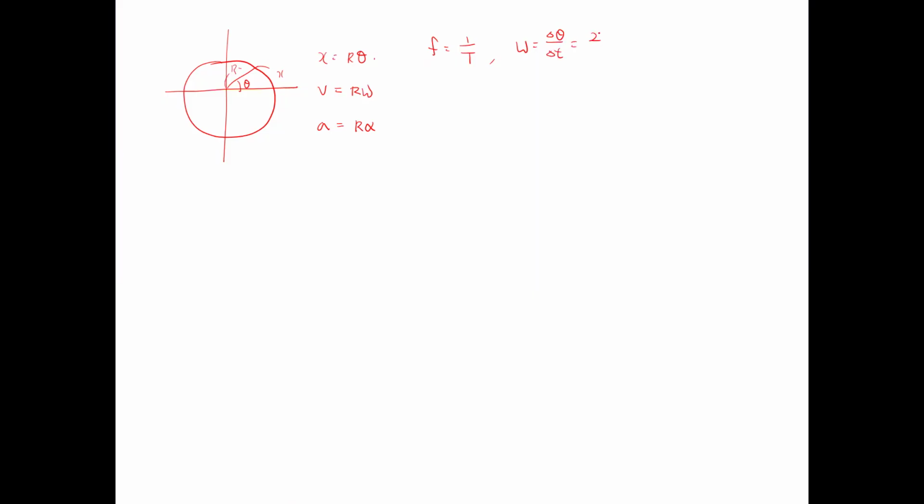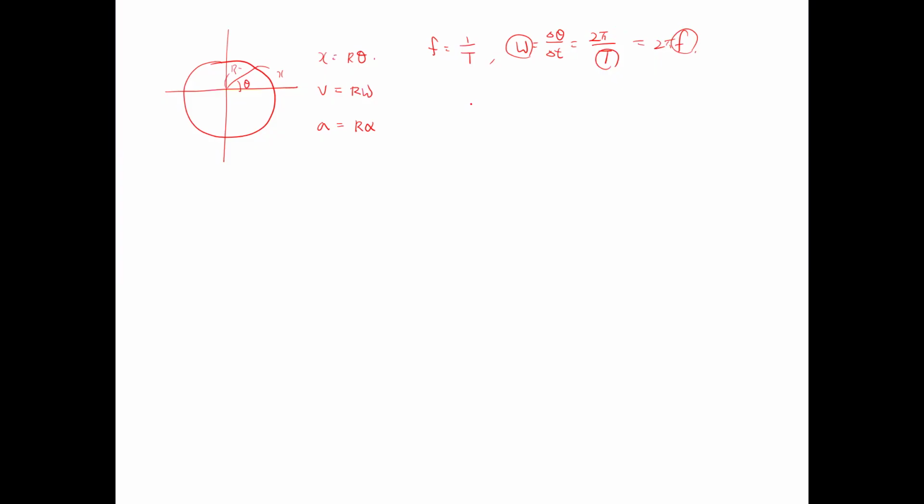This is 2 pi r over t, so this is 2 pi divided by t, and this is also 2 pi times the frequency. In other words, if we know omega, then we can find t and f. If we know one of these, we immediately know the other two.